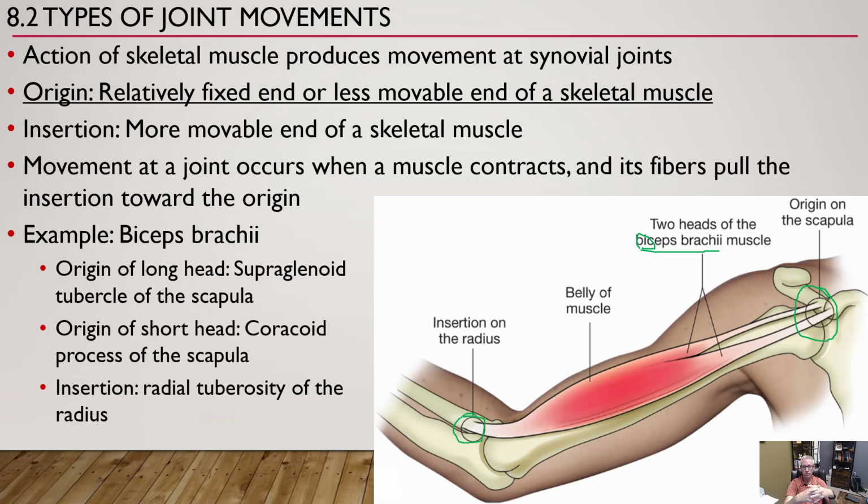So just be glad you do not have to. Here's an example, the biceps brachii. We have 2 origins. There's a long head and a short head of the biceps. The long head originates on the supraglenoid tubercle of the scapula, the short head on the coracoid process of the scapula, and it inserts on the radial tuberosity of the radius. So when the biceps brachii muscle contracts, we're actually pulling the insertion up towards the origin.